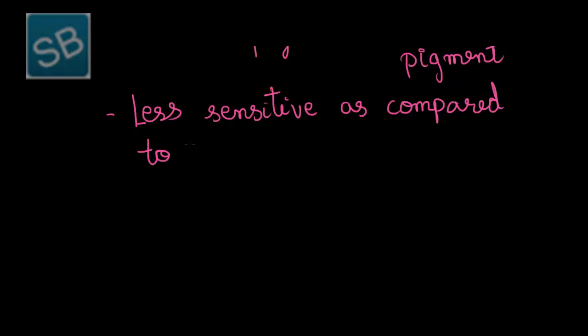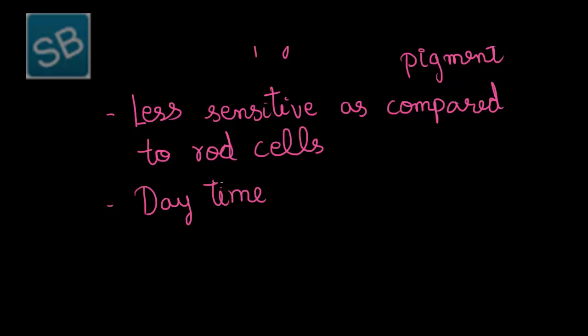The cone cells are less sensitive as compared to the rod cells, that is the other photoreceptor cell. These cone cells become functional during the daytime or bright light.